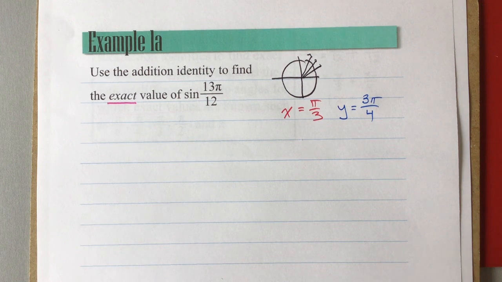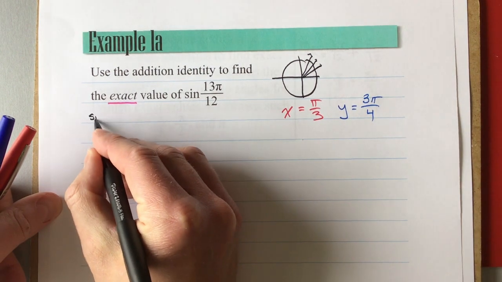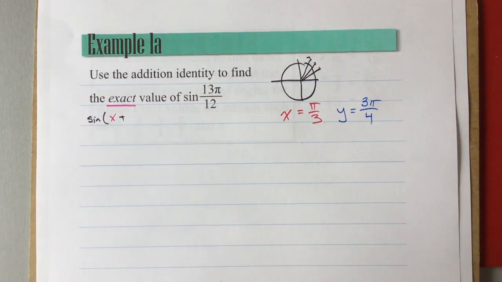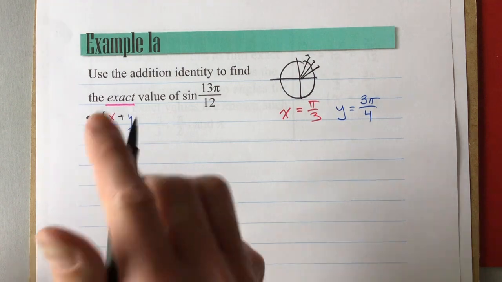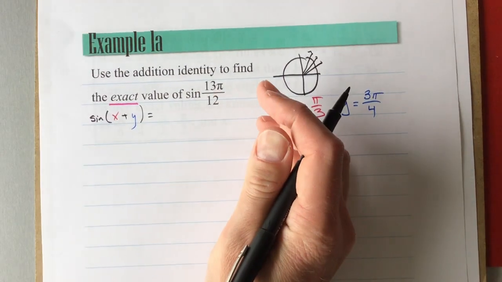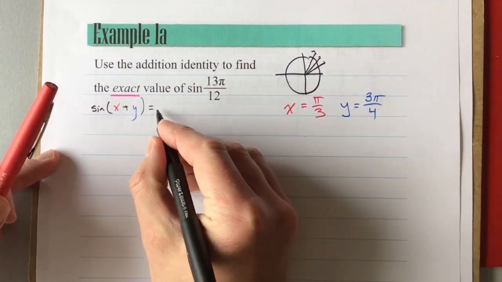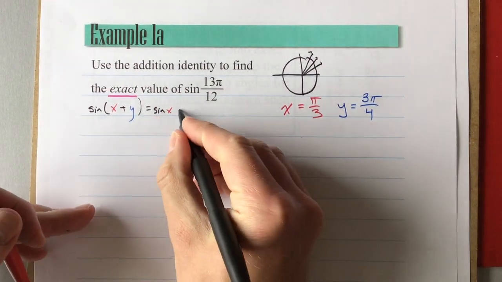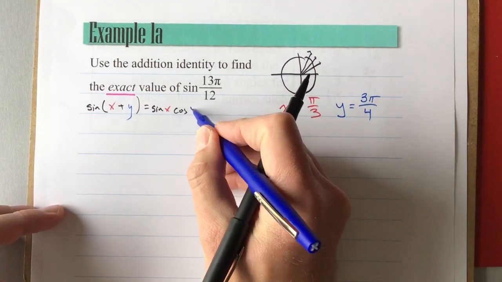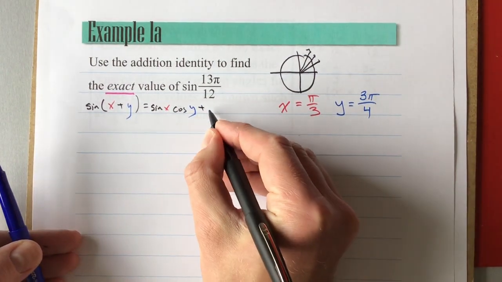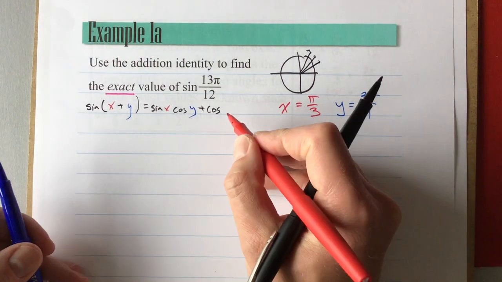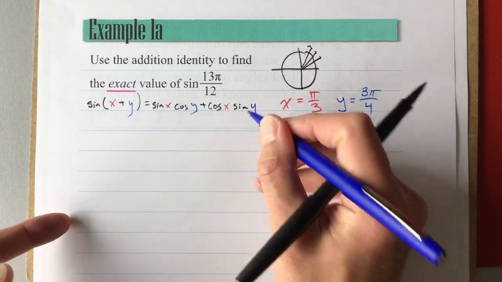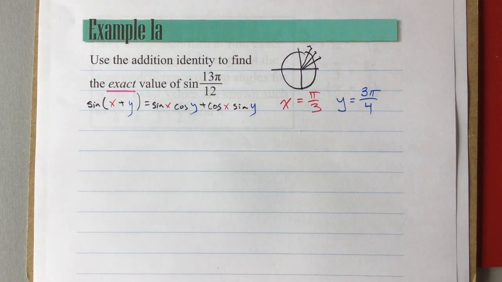So I know that the sine of x plus y is equal to the sine of x times the cosine of y plus the cosine of x times the sine of y. Some classic pen juggling there.